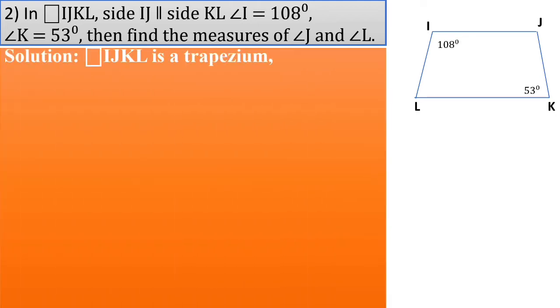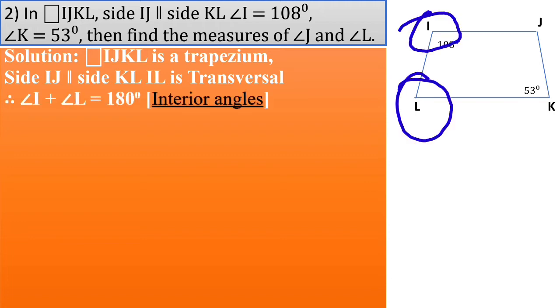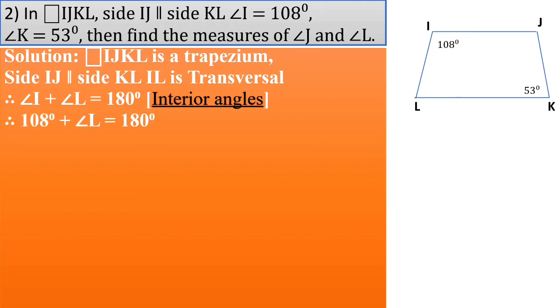Solution: quadrilateral IJKL is a trapezium. Then side IJ is parallel to side KL and line IL is a transversal. So angle I plus angle L equals 180 degree. They form interior angles. Substitute the value of I, 108 degree. Now 108 will go to the right side, become minus.